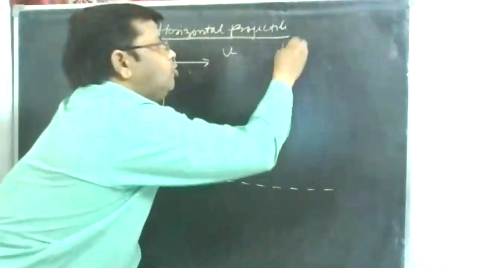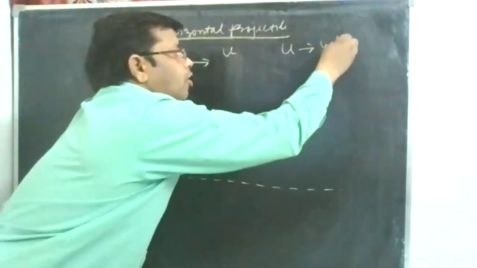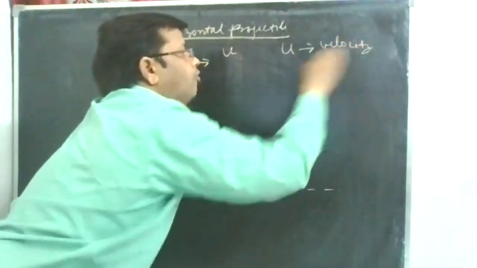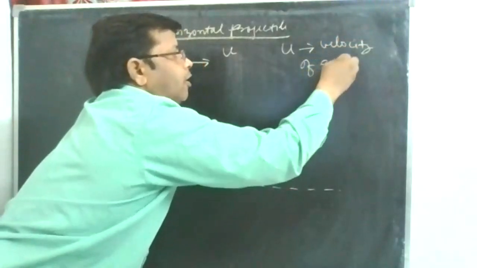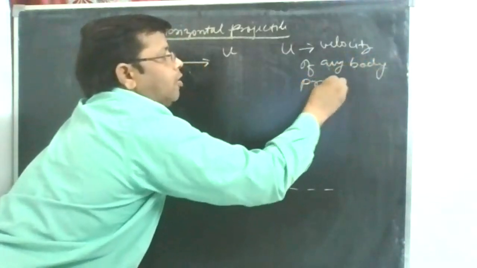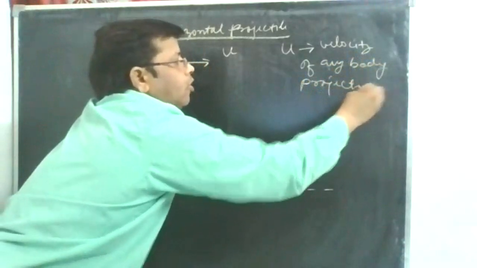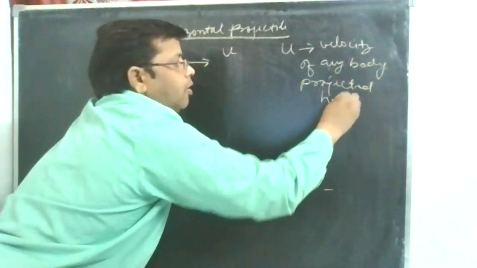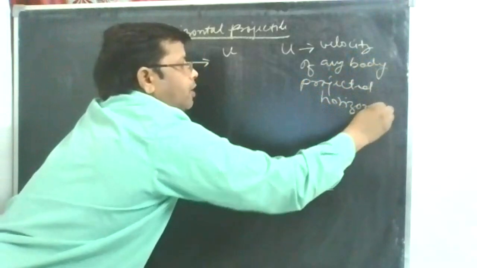What is the u? U is the velocity of any body projected horizontally. Let us see here.